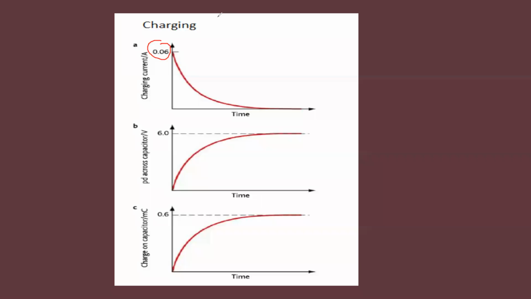Because initially, these are the two plates of the capacitor, for example the positive and the negative terminal. What happens in the beginning is that there are no extra charges on the plates.